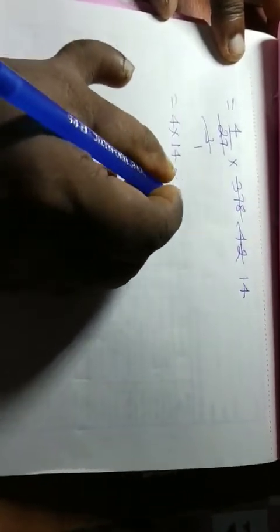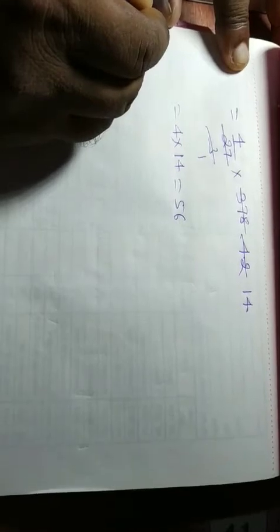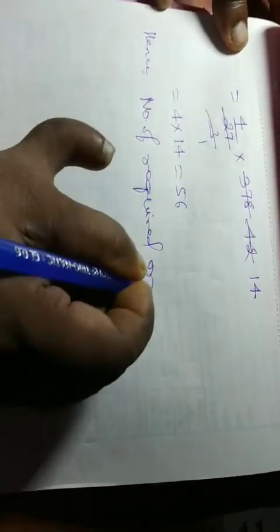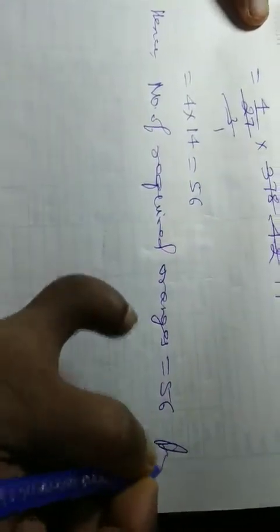Yes, 9 3 are 27. 9 4 are 36. 9 2 is 18. 3 1 is 3. 3 1 is 3. 3 4 is 12. So 4 into 14, that is 56. Hence, number of required oranges is equal to 56. Answer, student.